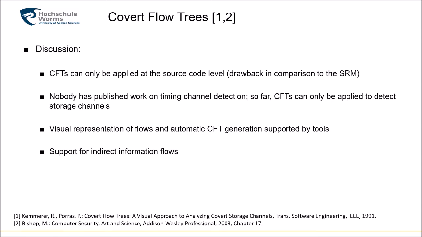Nobody has published work on timing channel detection using covert flow trees so far. So we assume that covert flow trees can only be applied to detect covert storage channels, unless the opposite is proven. Another advantage is the visual representation of the flows that eases the work with such a system. And also a plus is that covert flow trees support indirect information flows.